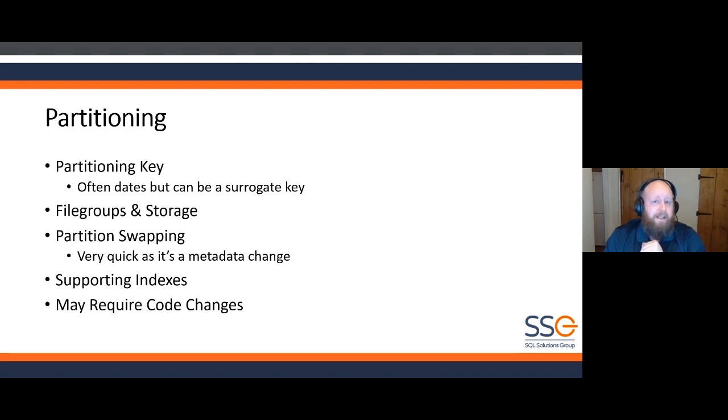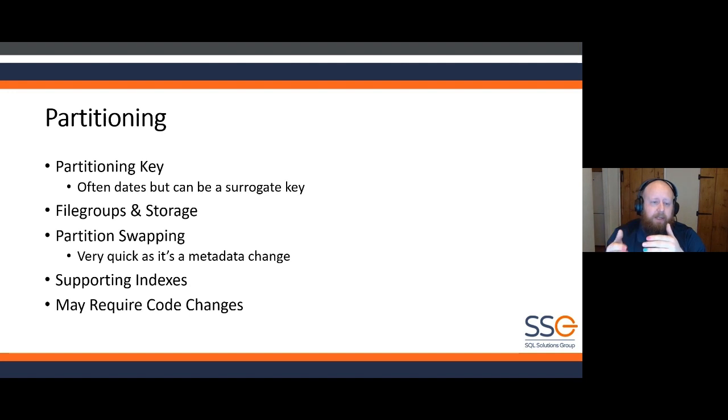You need to consider, you may need to look at your indexes and or create a supporting index, and it may require code changes. Now, the reason for this is, and this is a fairly meaty topic, so I'll try and cover it quite quickly, I mentioned you create a partition key based upon a date.